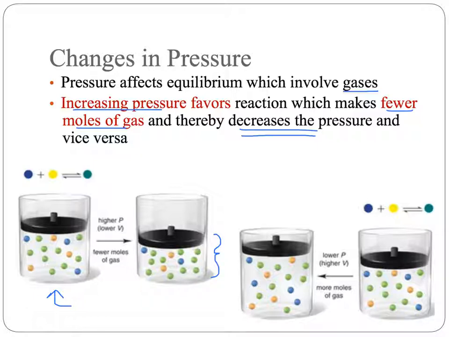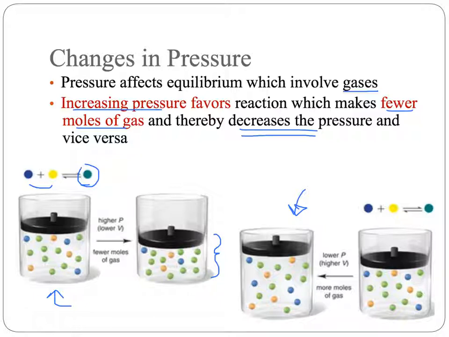And so in this case, we've got 2 moles of gas on the reactant side and 1 mole of gas on the product side. And so increasing the pressure for this reaction is going to favor the forward reaction to make more products. Conversely, if you increase the volume, you decrease the pressure by making more space, by spreading those molecules out.